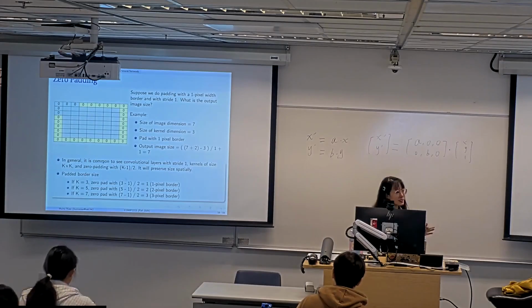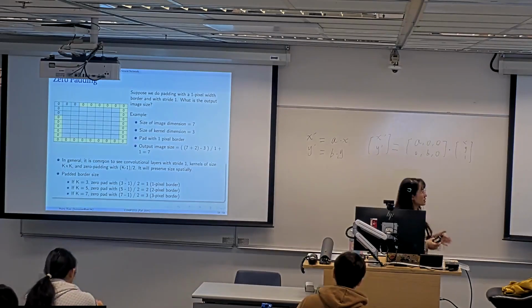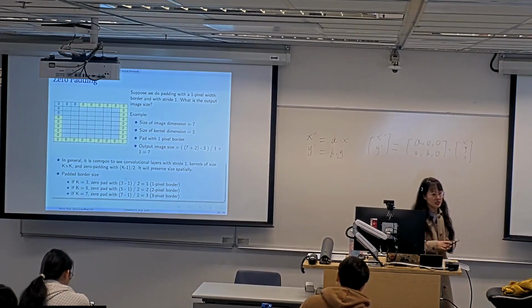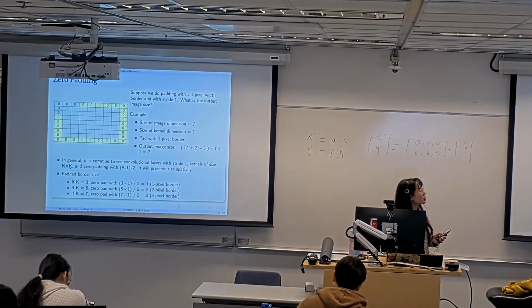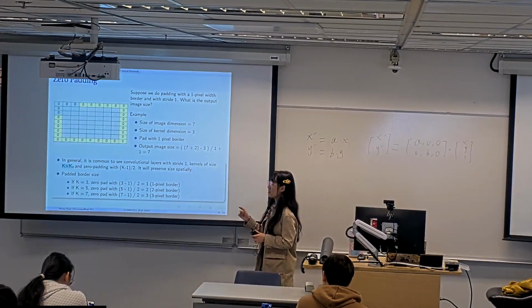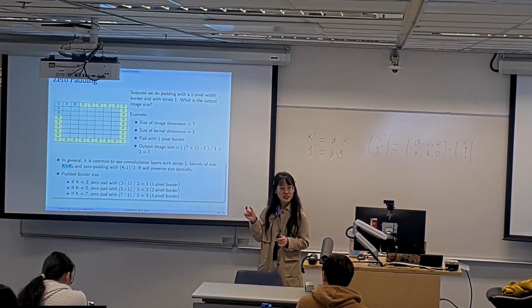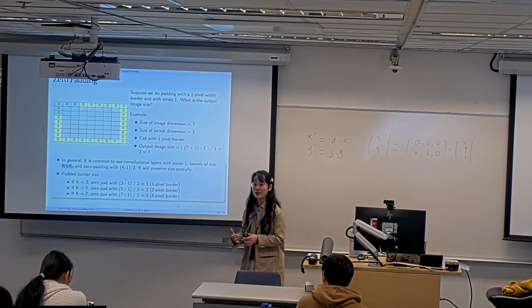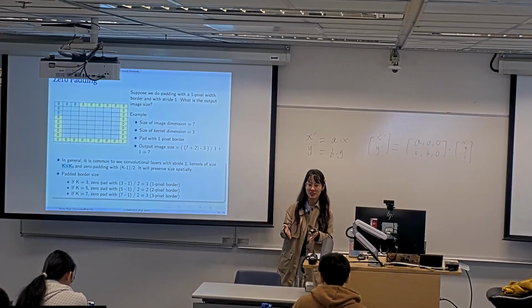And in general, it is common to see a convolution layer with stride 1 and a kernel of size k by k. Actually, you may already notice that this k is an odd number, right? When we're applying image convolution, we never use an even number for the kernel size. Yes, that's a convention.